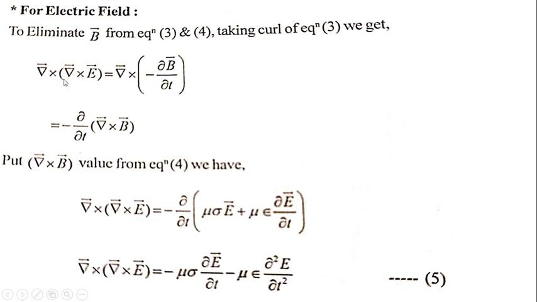Then we get del cross E equals del cross of minus delta B by delta T, which equals minus delta by delta T into del cross B. Now putting the del cross B value from equation 4, we get del cross E equals minus delta by delta T into mu sigma E plus mu epsilon delta E by delta T, and therefore del cross E is equal to minus mu sigma delta E by delta T minus mu epsilon delta square E by delta T square.